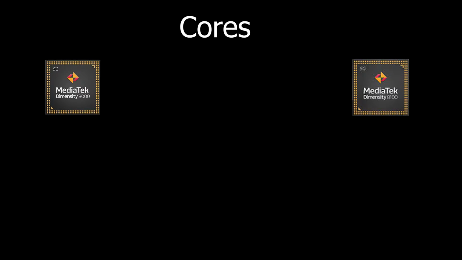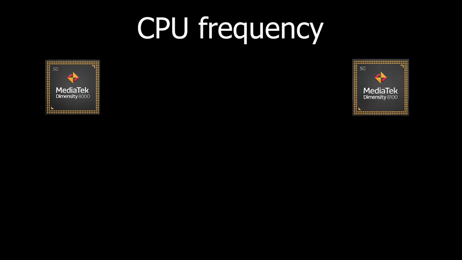Overall you get 8 cores, and the CPU frequency is 2750 megahertz on the 8000 series, but the 8100 has a little bit of an upgrade, so you'll get 2850 megahertz.